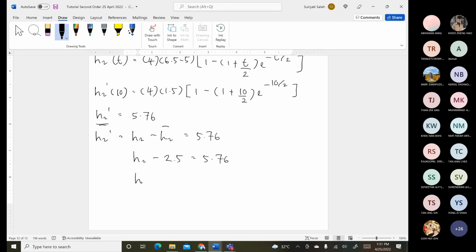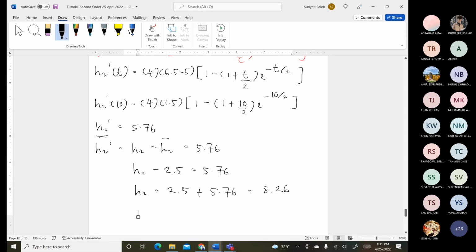And lastly, H2 equals 2.5 plus 5.76 equals 8.26. So this is your height after 10 seconds. Any question?